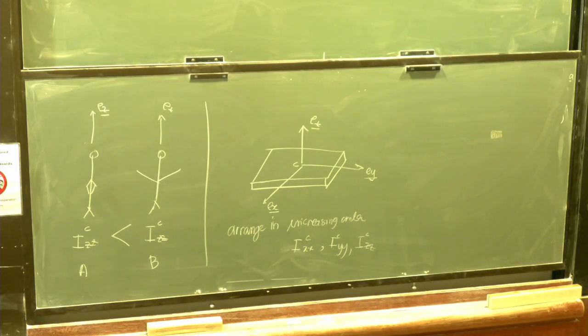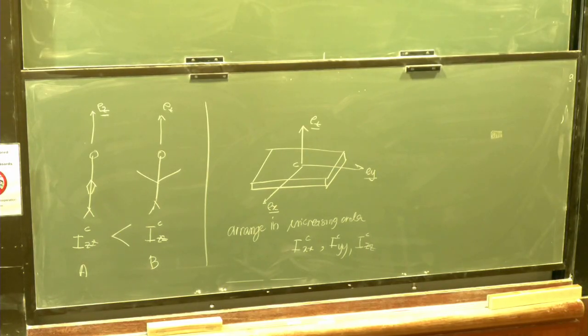Okay, can you think of a shape where all the moments of inertia are equal? A sphere, right? Can you think of a shape where two of the moments of inertia are equal? A cube, like a sphere, if the basis is oriented nicely along the cube, then the moments of inertia are going to be equal.